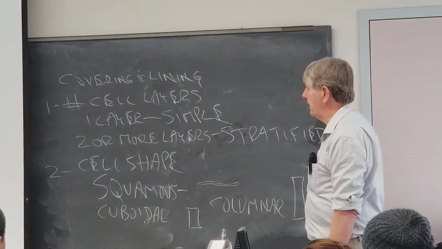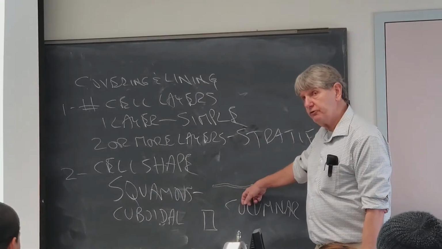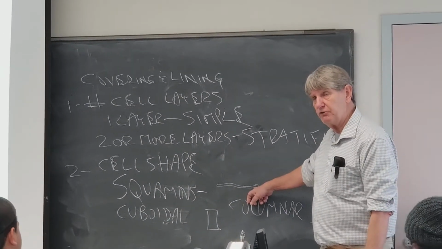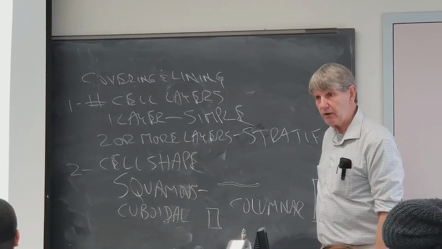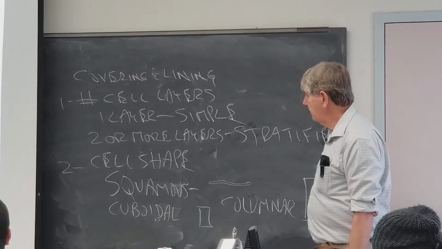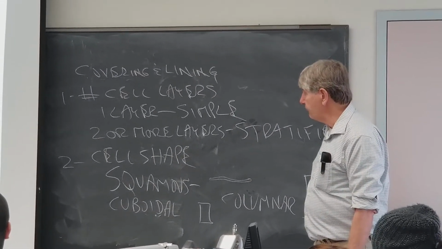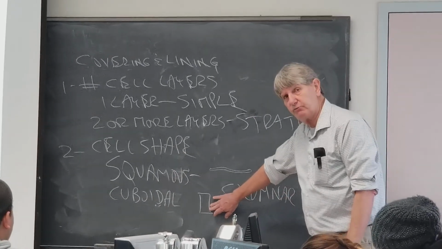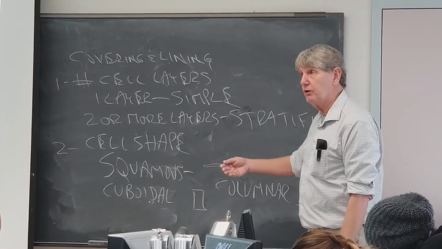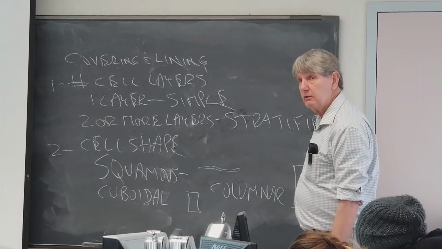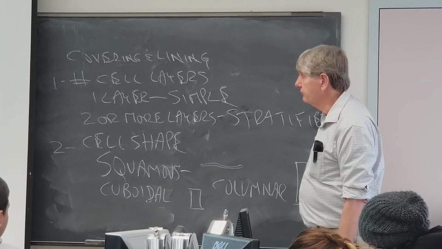So, a simple squamous, like for the air sacs of the lungs, means that the cells are real thin, right? One layer. Okay. Simple cuboidal means one layer, but you've got box-shaped cells. Simple columnar means one layer with column-shaped cells, tall cells. Okay?